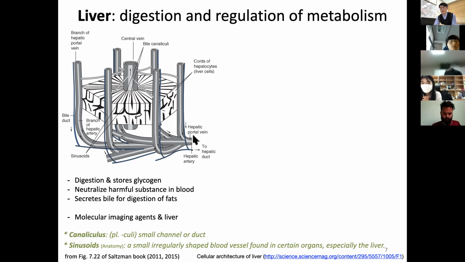Port means airport and harbor. Port means a harbor for entering many things, because the liver receives from your intestine, from your stomach, the absorbed material, from your spleen, everything goes to the liver, and this is the venous blood.